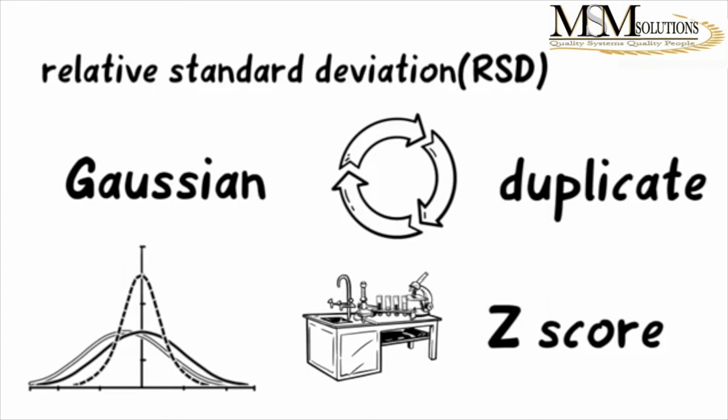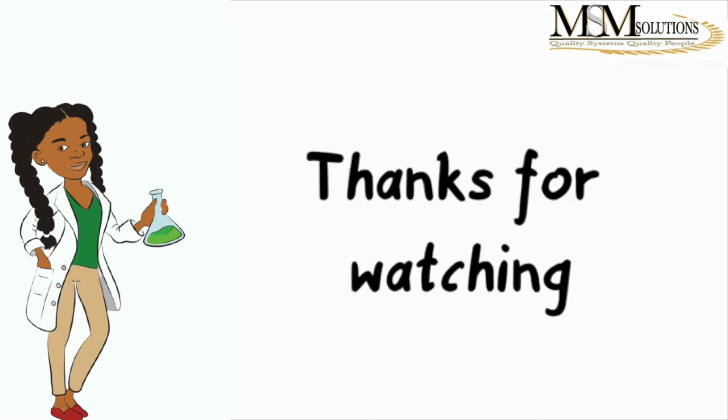Because most of the time we talk of 95% confidence limit, or we talk of 1, 2, or 3 standard deviations when we're looking at our QC data. We're always referencing back to a normal distribution curve or a Gaussian curve. We then need to just unpack it a bit and say, what is this and how does it help us or even make our lives more complicated? See you in the next video.